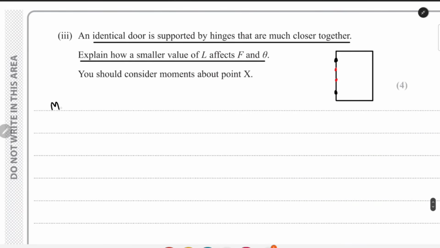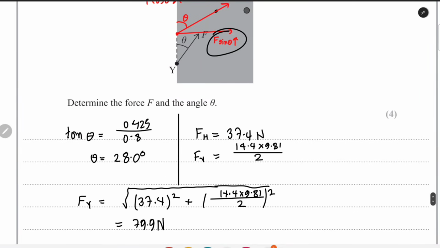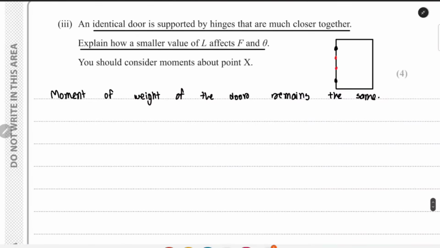horizontally, we'll write moment of force. Now we see that the horizontal component of the force increases because theta is becoming larger. We'll write that.